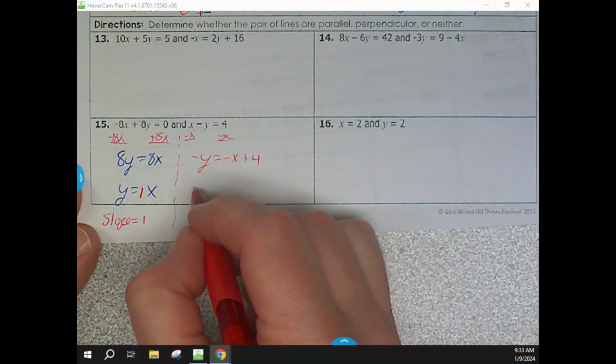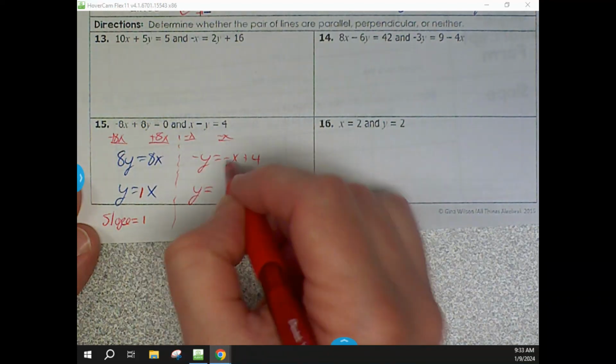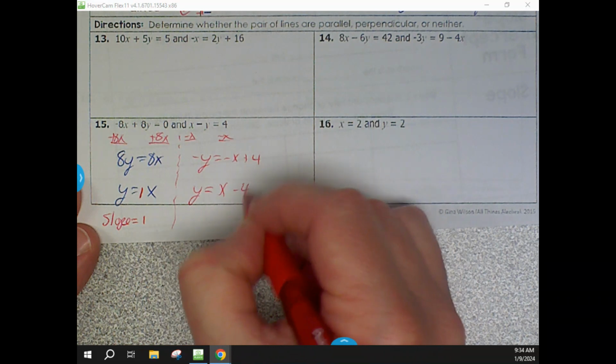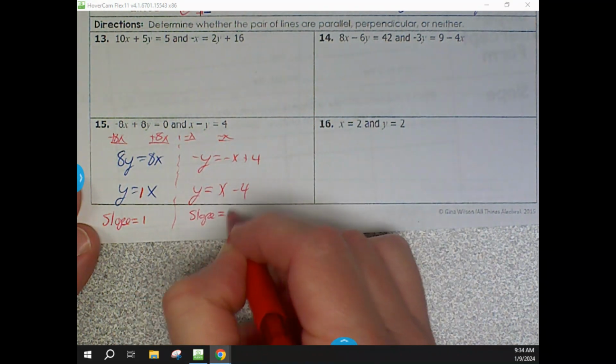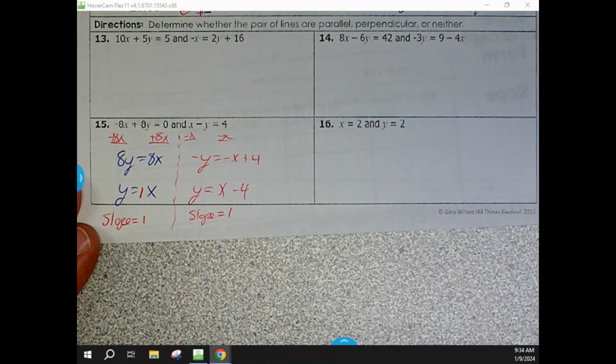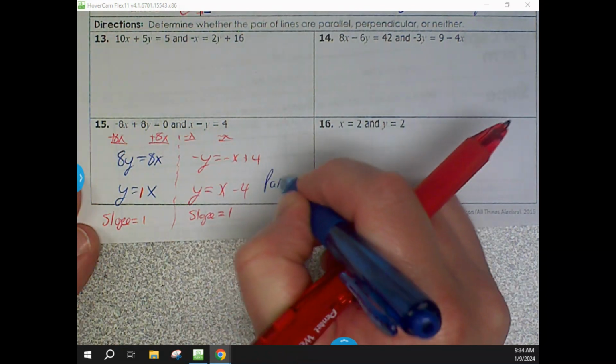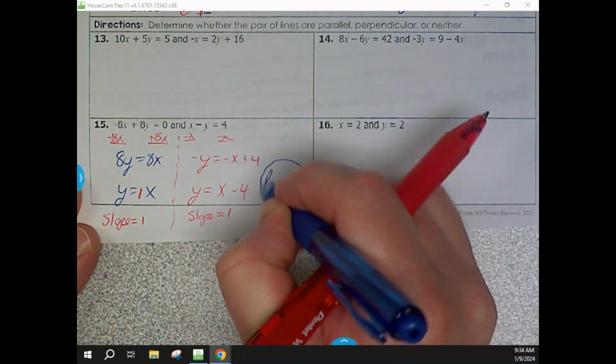We're going to change this to a positive y. So we change this sign, we change this sign, and we change that sign. So slope also equals 1. So again, they have the same slope, so that means those lines have to be parallel.